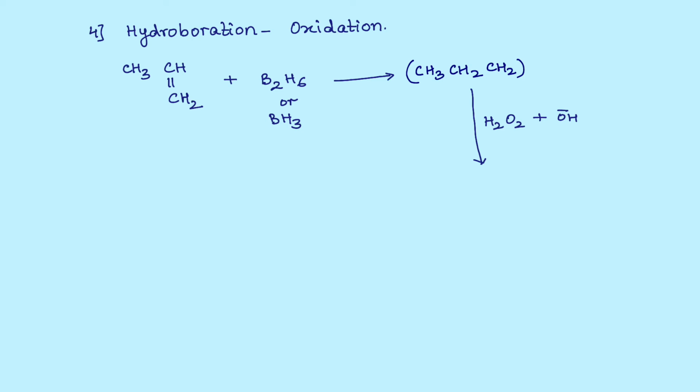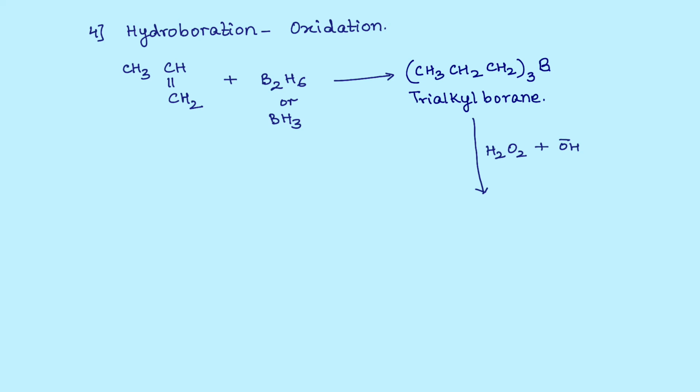This is going to take place step by step and we will have boron at the end. So this gives us a substituted product which is called trialkyl borane. This is not the mechanism, just trying to keep things simple for you.